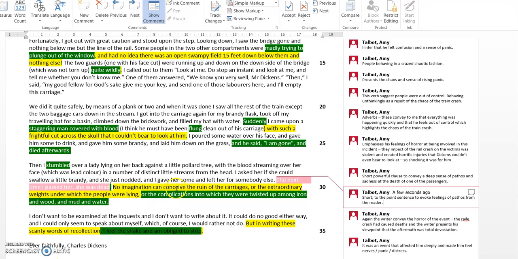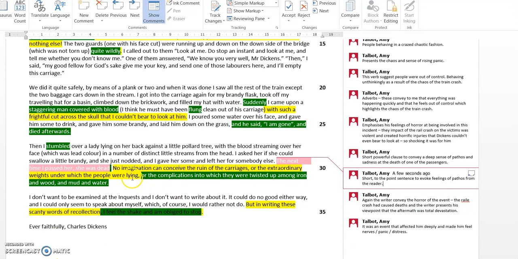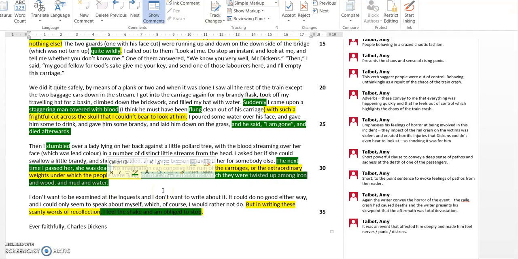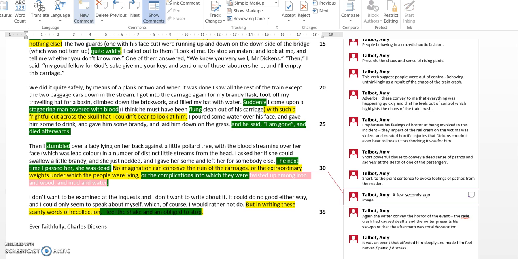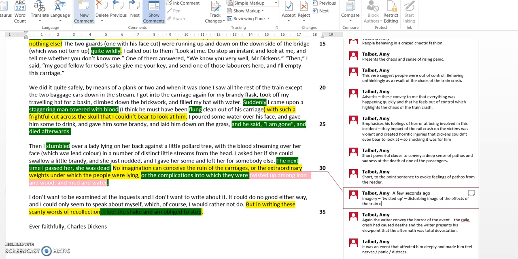Okay, and then the final thing is he talks about the imagery of seeing the people twisted up among iron and wood and mud and water, and this sense of these people being twisted up. So twisted up. It's a disturbing image of the effects of the train crash on the passengers.